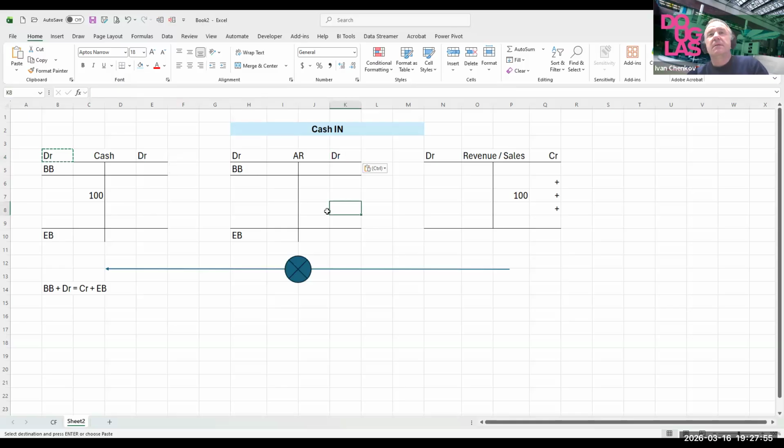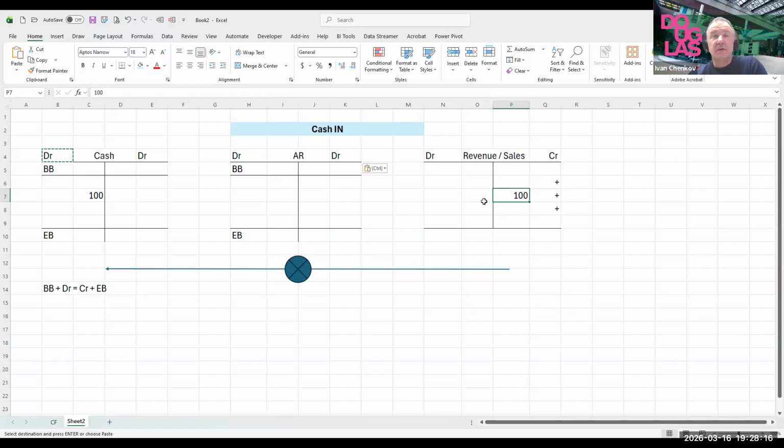Now, what's interesting in this account? The interesting part is if we're not collecting the cash with our sales, that means those $100 going from the sales to cash takes one more step. What is that? Accounts receivable.